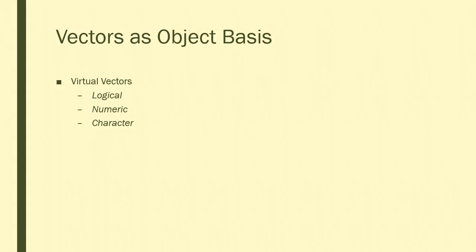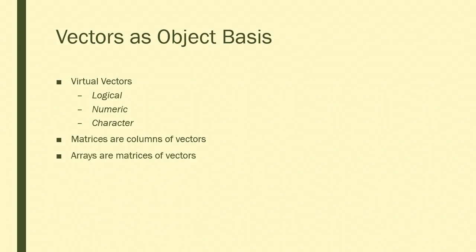Remember that vectors have a virtual class type in R, so when you ask for the class of a vector, you get either logical, numeric, which would contain both integer and double data, and character. Now, because vectors are the basis of all data structures in R, every other data structure is composed of vectors. Matrices are columns of vectors.